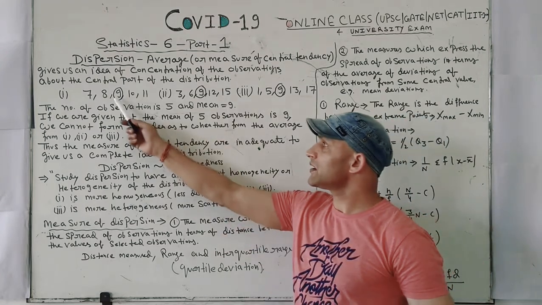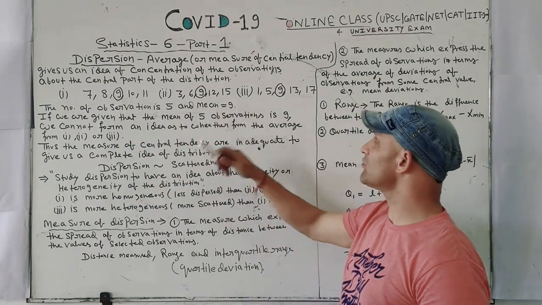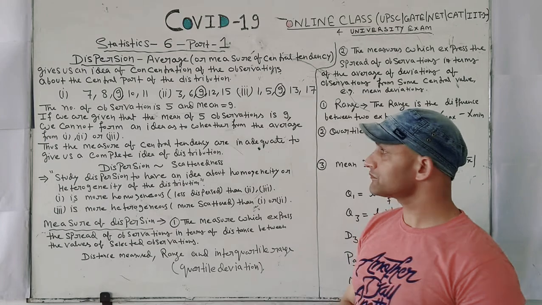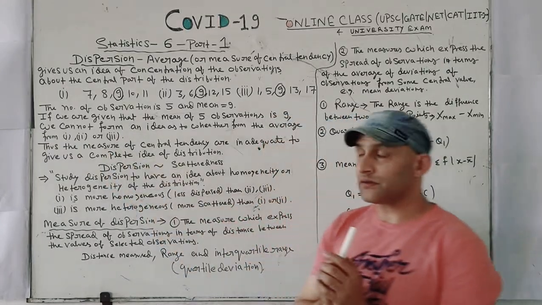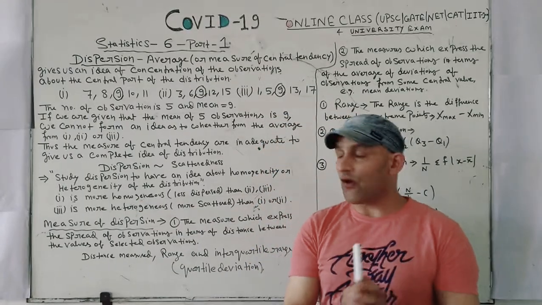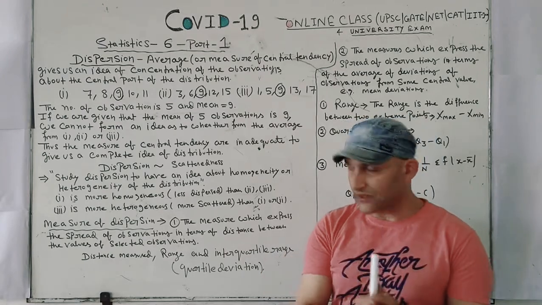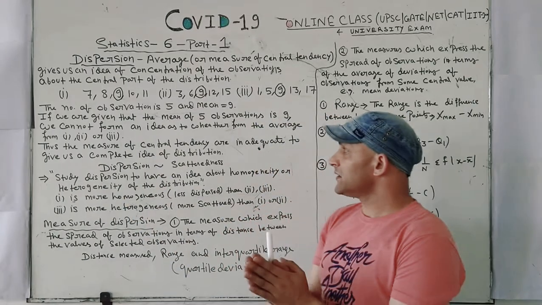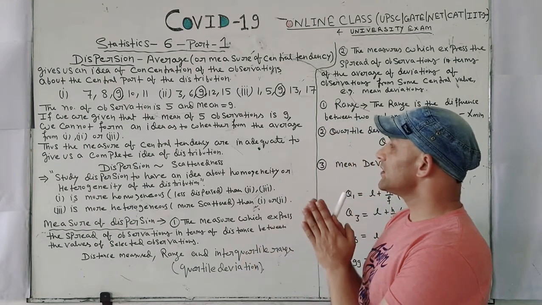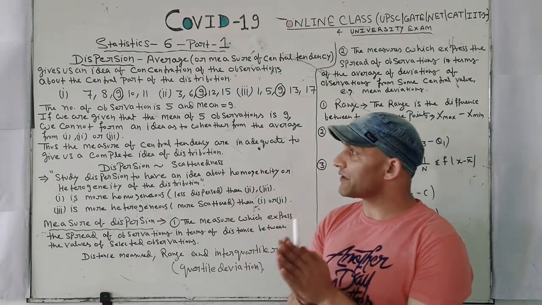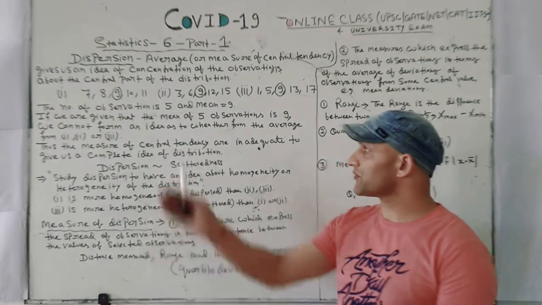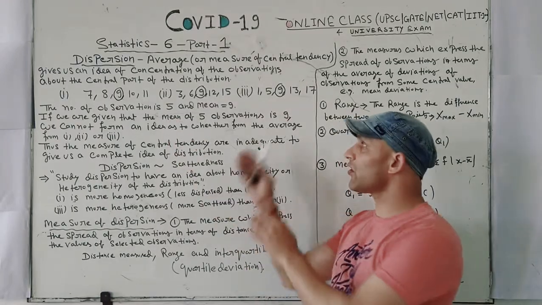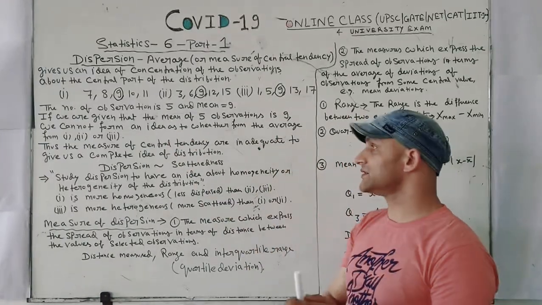And the mean here is 9, here also 9, here also 9. If we are only given that the mean of 5 observations is 9, we cannot form an idea whether it is from the first series, the second series, or the third series.